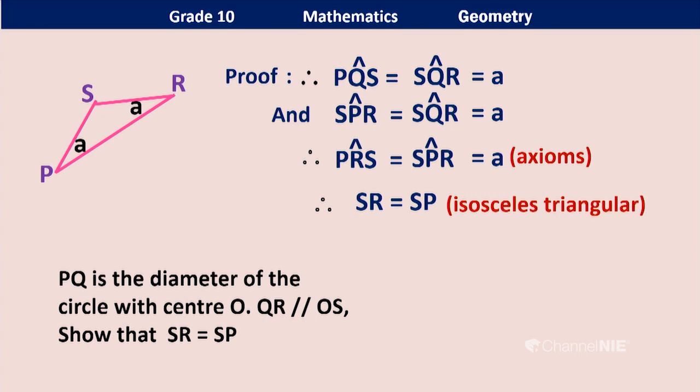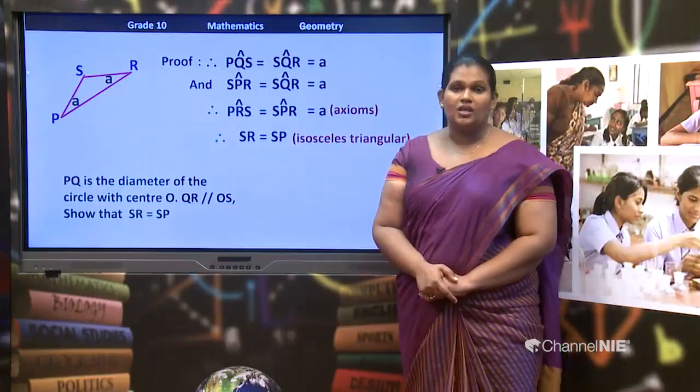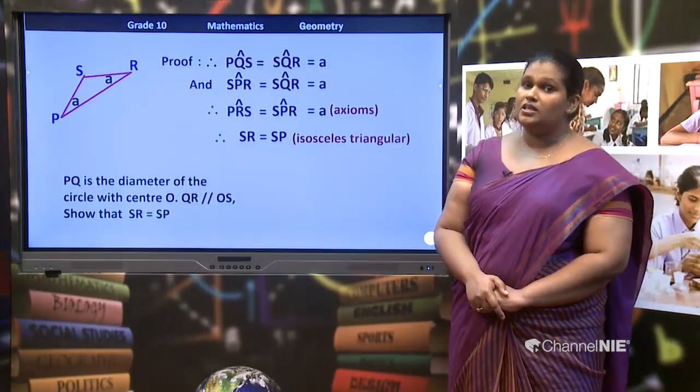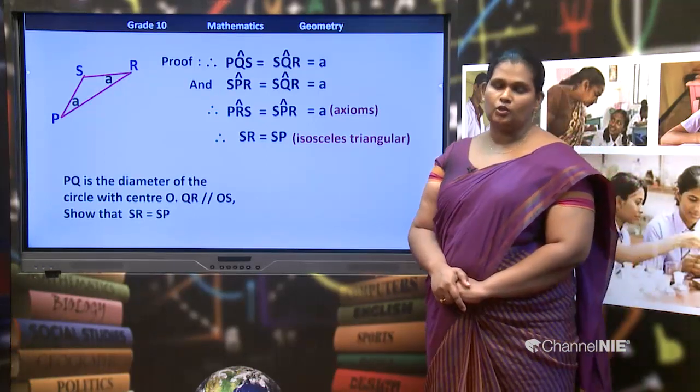So, the reason we have to mention is isosceles triangle. Right. Now, we have proved the statement that they have asked us to prove. So, that is the end of the last question that I need to discuss with you.